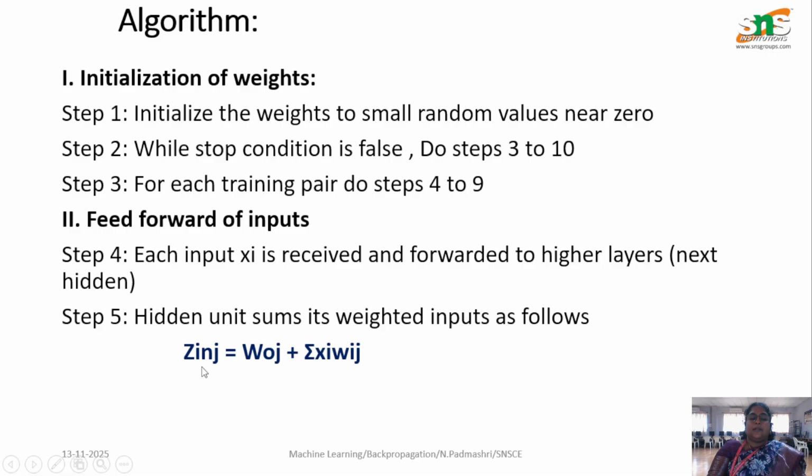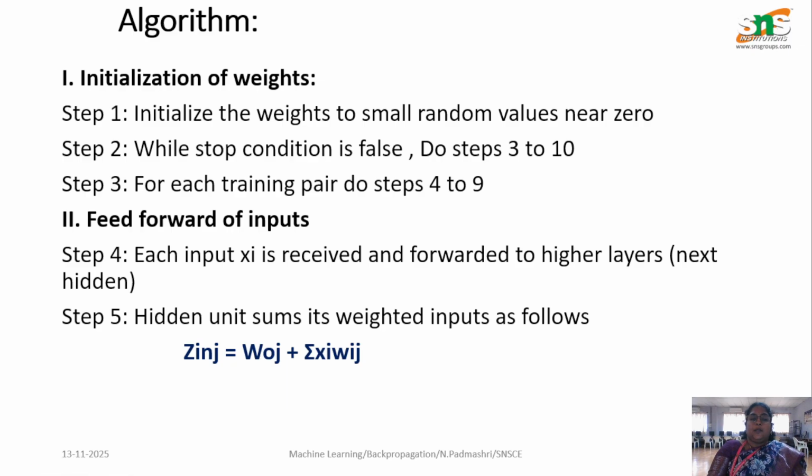So how do we write the equation for that? Zinj, which is the next layer's input, is equal to Woj plus the summation of xi into Wij. Each node is associated with its own weight. So the summation of xi into Wij is nothing but input into weight, plus Woj, which is the bias.